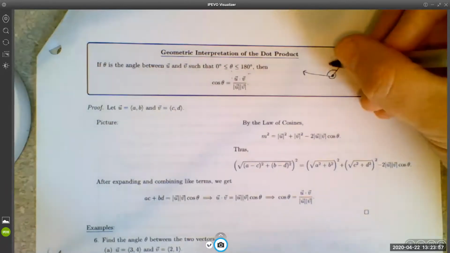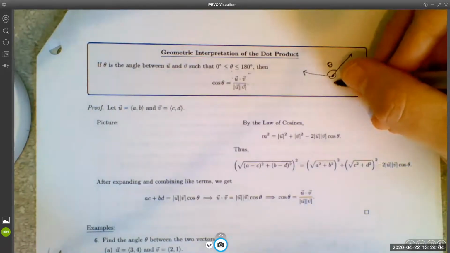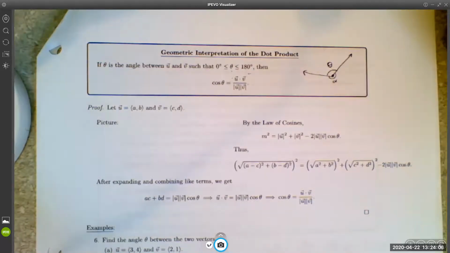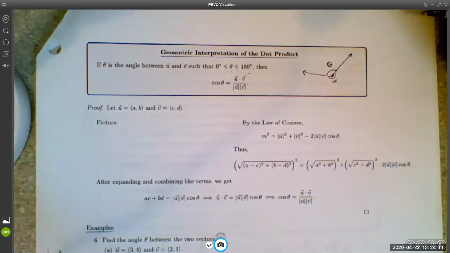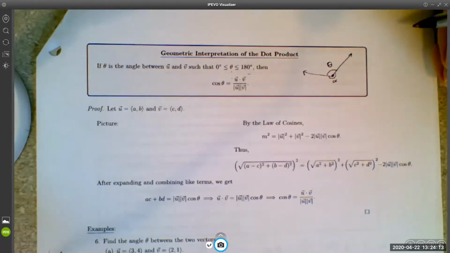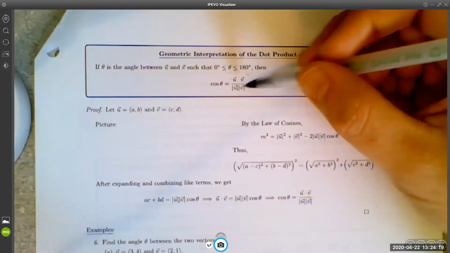So in this case, this is theta. That's the angle between the vectors that we're interested in. We're not interested in this one down here, maybe we could call it alpha, but we're not interested in that angle. We're interested in theta.